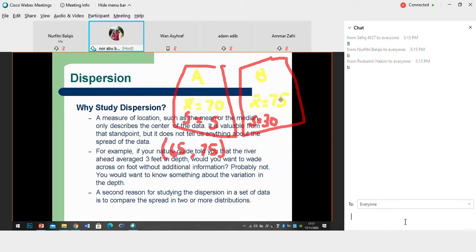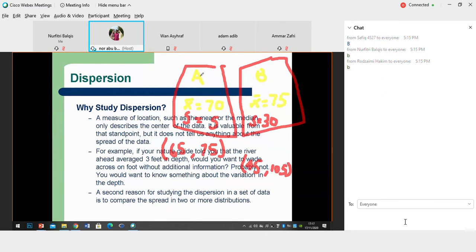Okay, boleh tak awak campur tolak yang ni dua? Okay, 75 tolak 30 adalah 45. Dan 75 tambah 30 adalah 105. Alright. So, sebenarnya saya bagi ni just untuk awak dapat gambaran.